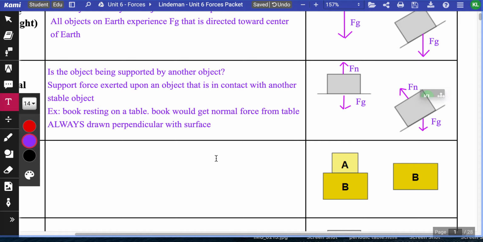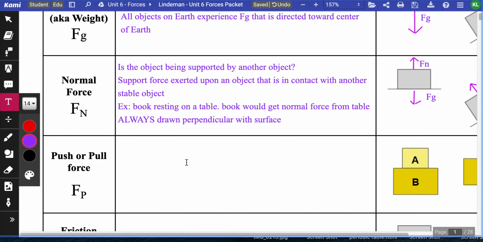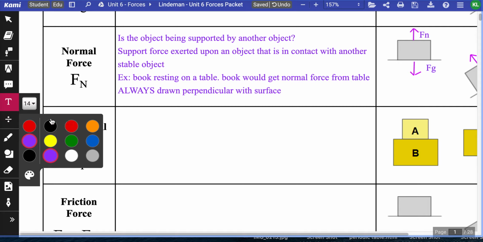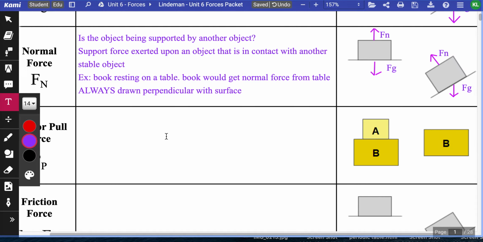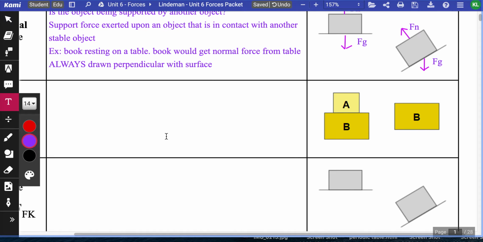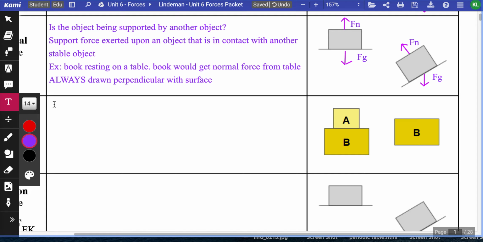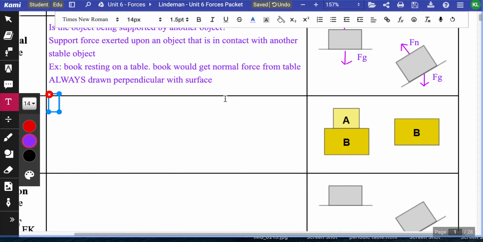All right, so the final force that you all learned about is Fp, which is a push or a pull force. So for this one, again, just taking this text from page 2, this is an applied force through contact.